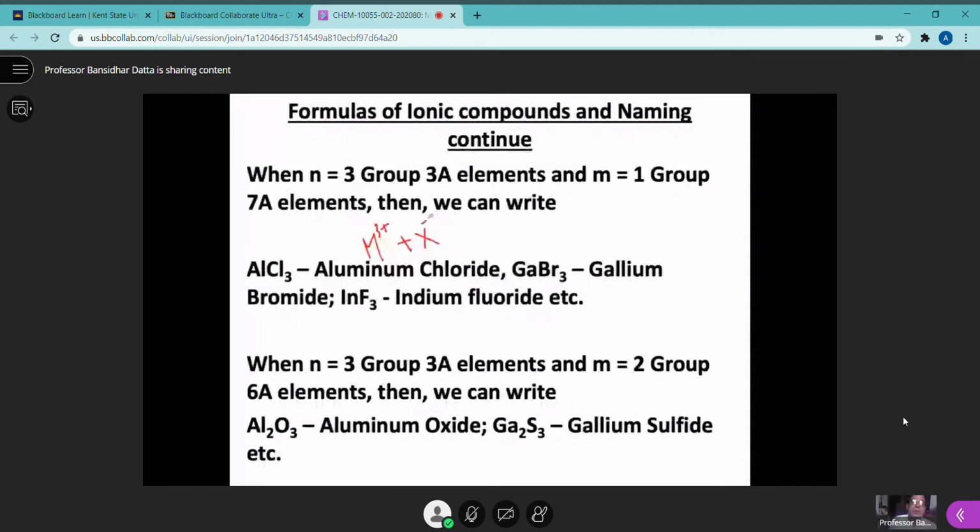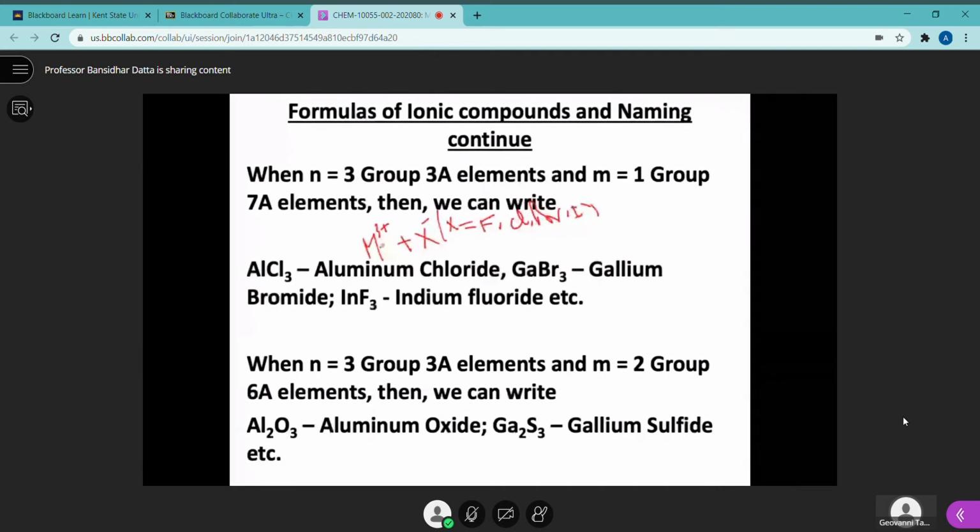And then group 7A is X minus. Remember, X could be fluorine, chlorine, bromine, iodine, right? Fluorine, chlorine, bromine, and iodine are the halogens. So if you have an M3 plus, that's a group 3A, right? Group 3 elements make 3 plus. That could be aluminum, gallium, indium.